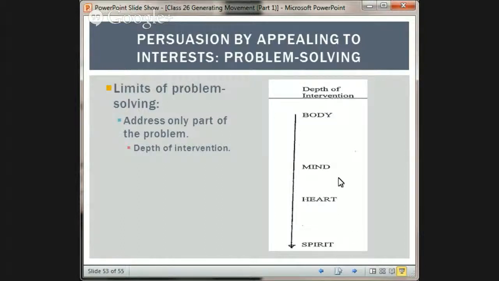So if we're only dealing with interests, we're up here, and potentially we're missing the deeper aspects of the dispute and the deeper opportunities for a much more complete resolution. So that's one problem with focusing just on interest-based problem solving.